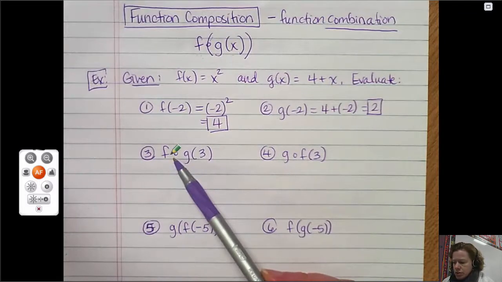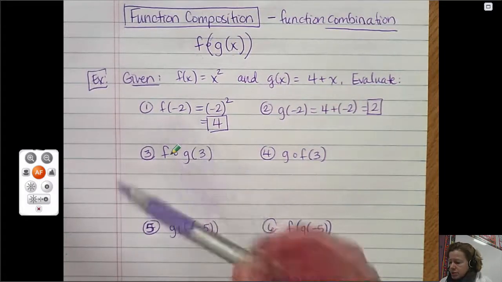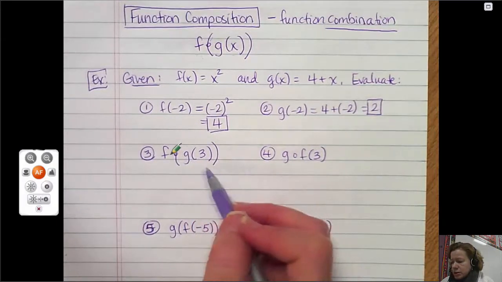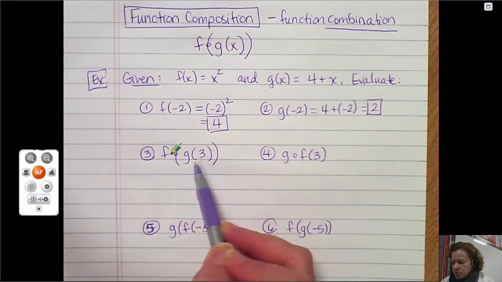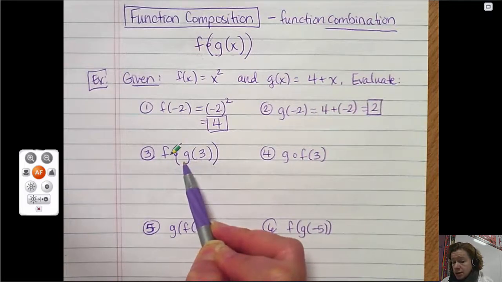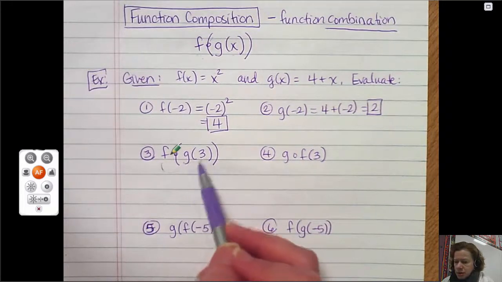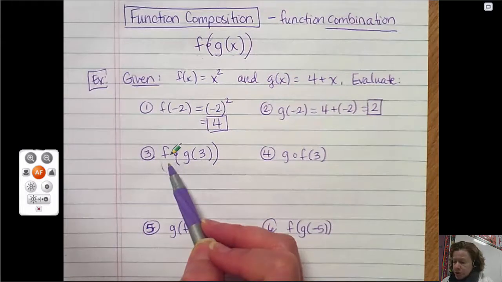It means composition. Again, I'll replace that symbol every time with parentheses so that I'm reminded that in this case, I'm going to take 3, plug it into my g function, get a result, and take that result and plug it into f. PEMDAS, order of operations, says work from the innermost parentheses out. So we're following the rules of PEMDAS.